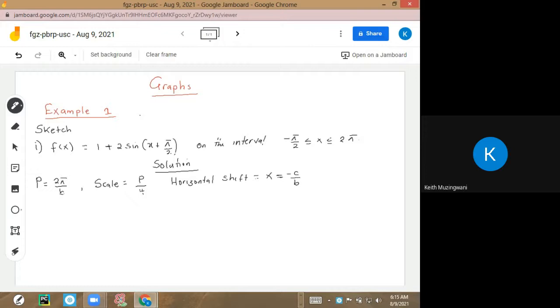The structure of a function that we are talking about here is in the form a sine bx plus c plus d. This is the setup that we have.